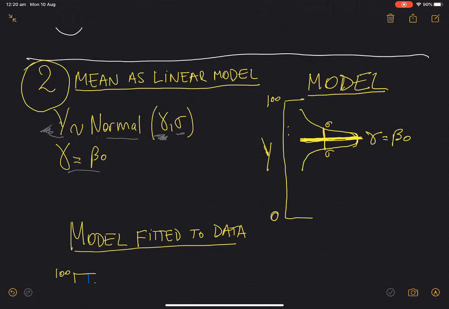Okay, so graphically, the way of representing that model is like here.